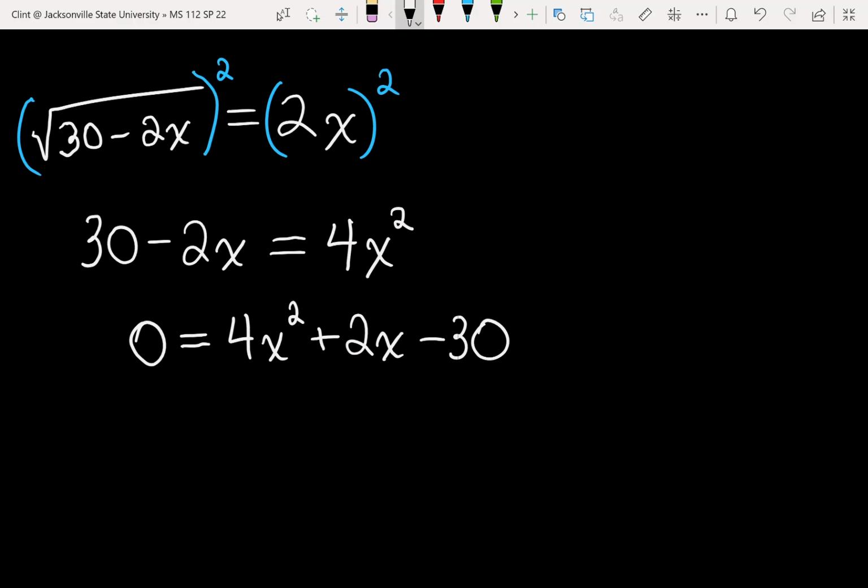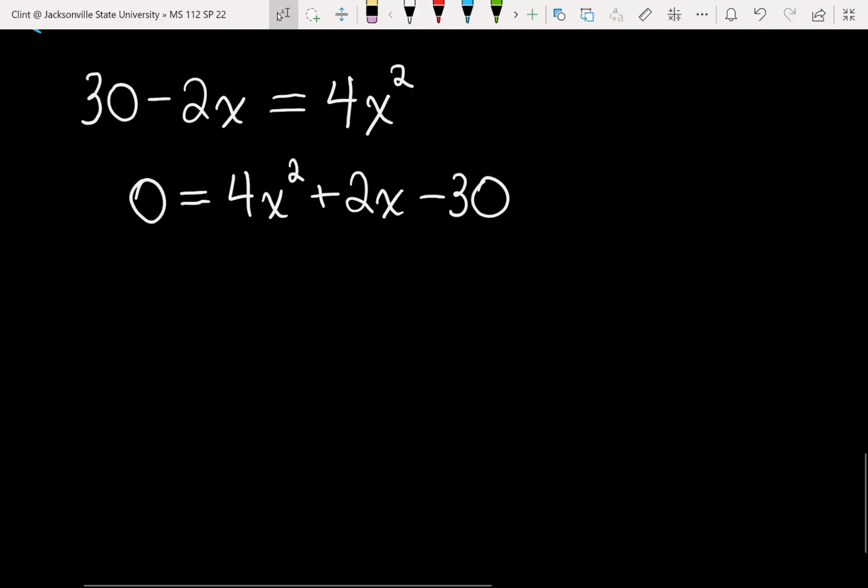So what are our choices on the quadratic? We can try to factor if we want to, and we may or may not factor, or we could use the quadratic formula, or we could try completing the square. This one's a little messy with completing the square. We didn't really talk about how to do those when we don't have a leading coefficient of one.